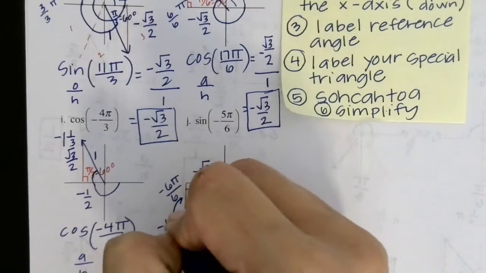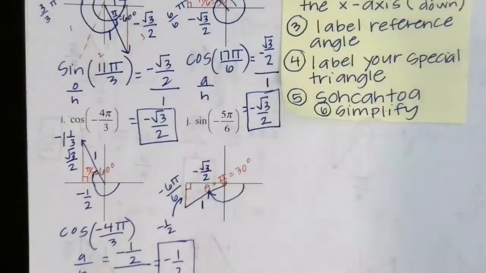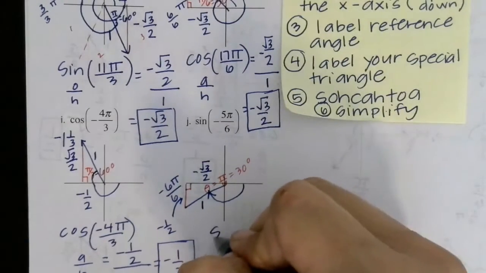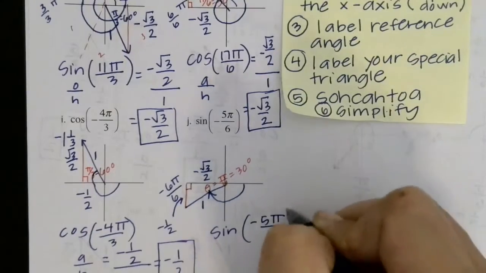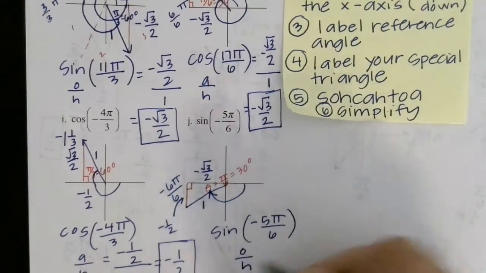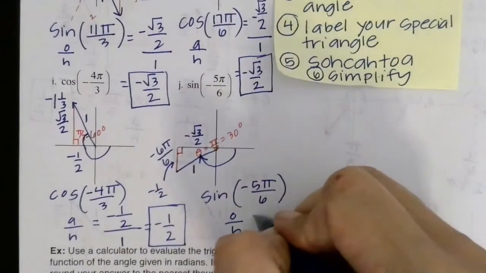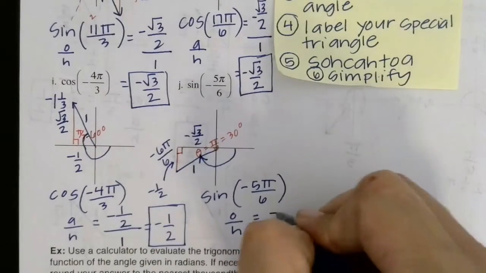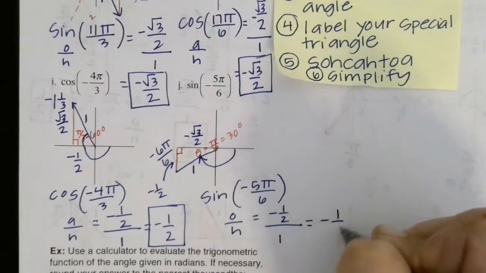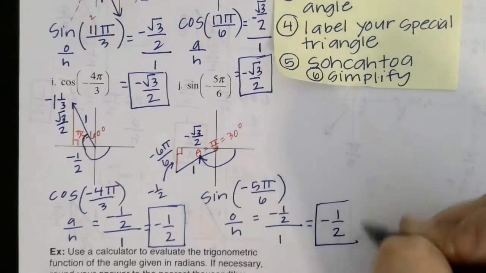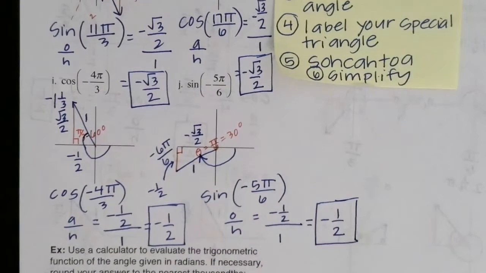That side is negative 1/2. Hypotenuse is always 1. The sine of negative 5 pi over 6 is opposite over hypotenuse. So opposite is negative 1/2 over the hypotenuse of 1, which is negative 1/2. Yeehaw.